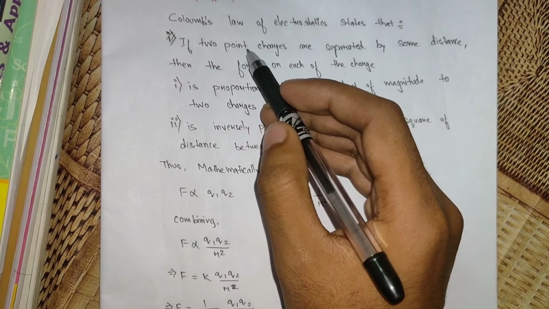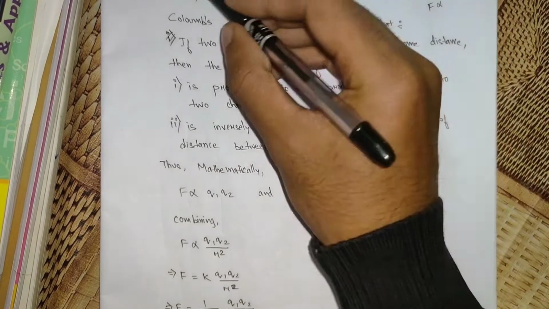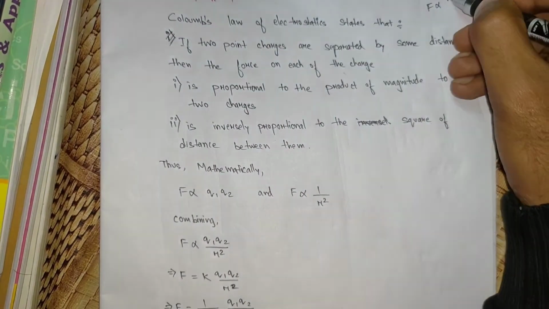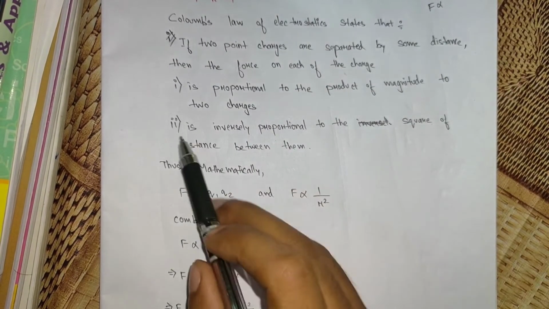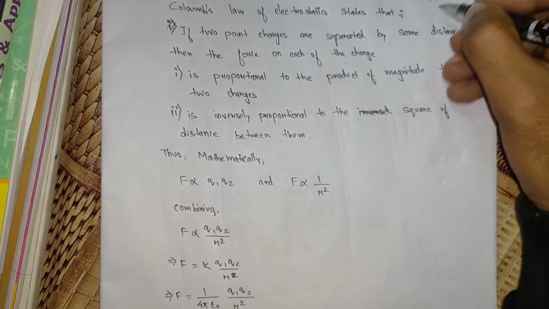So this force will be proportional to the product of charges, which is nothing but q1 into q2. And secondly, it is inversely proportional to the square of the distance between them.